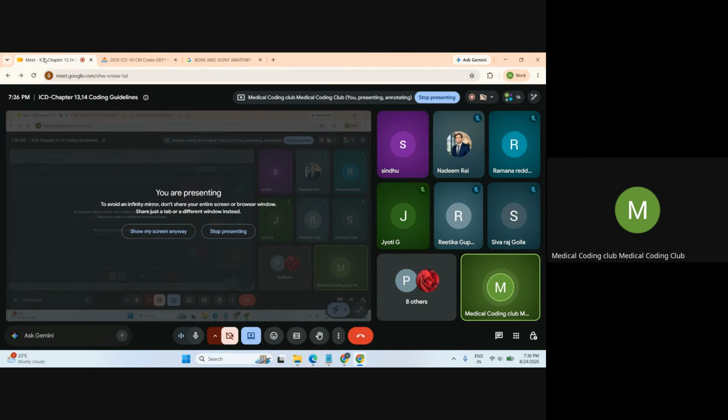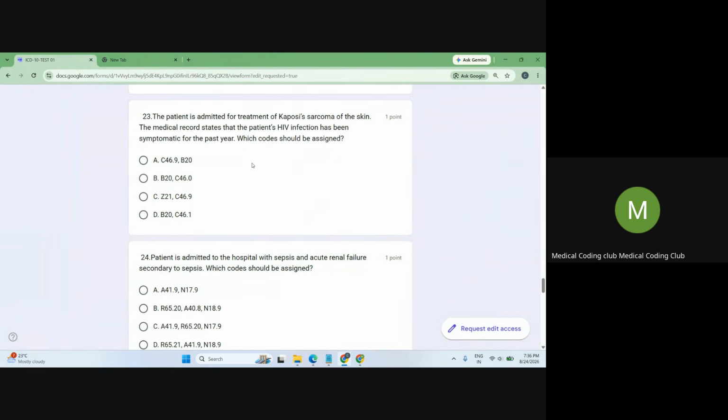B20 should be your primary diagnosis because the patient is admitted for an HIV related condition. If a patient comes for an HIV unrelated condition like a fracture, that fracture will be coded as primary diagnosis. So in this case, you will assign HIV B20 as primary and Kaposi sarcoma as secondary diagnosis.